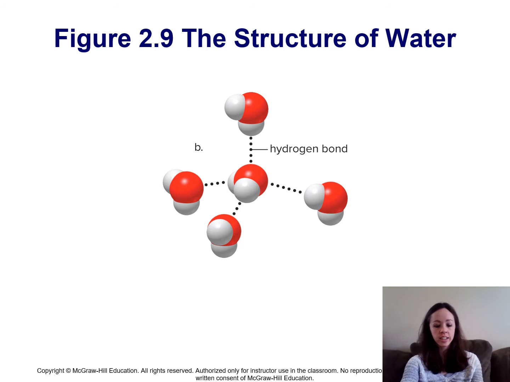As you guys can see here, we have our different water molecules. So we have our oxygen atom here, and we have our two hydrogen atoms here. Because of the size difference of our oxygen atom in comparison to the hydrogen atom, the electrons are going to be closer to that oxygen atom, giving the oxygen a negative charge and the hydrogen atoms a positive charge.